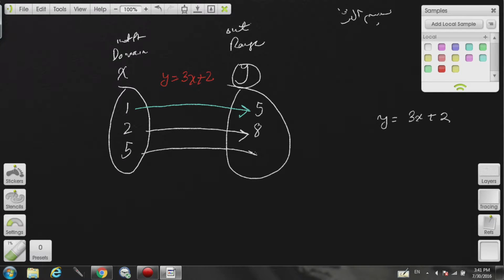And if I apply the same rule to 5, 15 plus 2 is 17. So this equation, this function here, represents the rule that converts a certain domain number to a certain range number. It's the rule that maps the domain input to the output, the domain to the range, x and y.